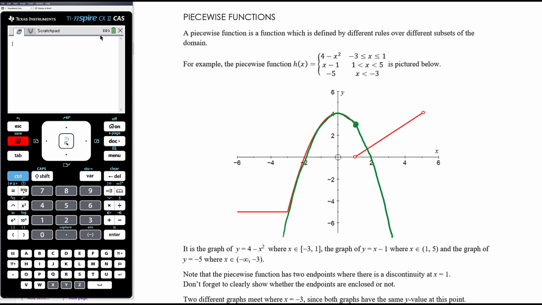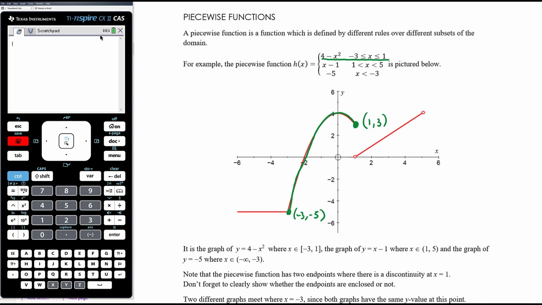When x equals 1, that's the point (1, 3): subbing 1 into the rule, 4 minus 1 squared is 3. When x equals negative 3, 4 minus negative 3 all squared is 4 minus 9, so it's negative 5. So negative 3, negative 5 would be that point there. We're only looking at this bit of the graph. So that's that top line.